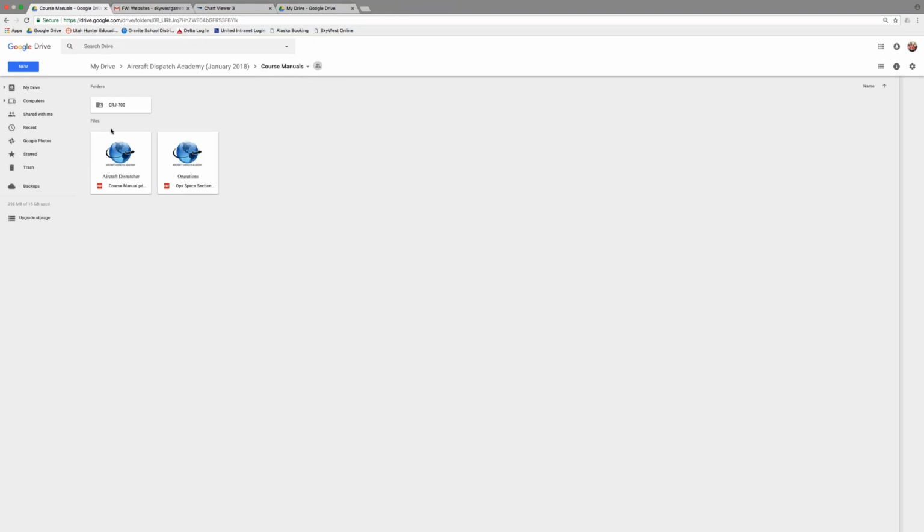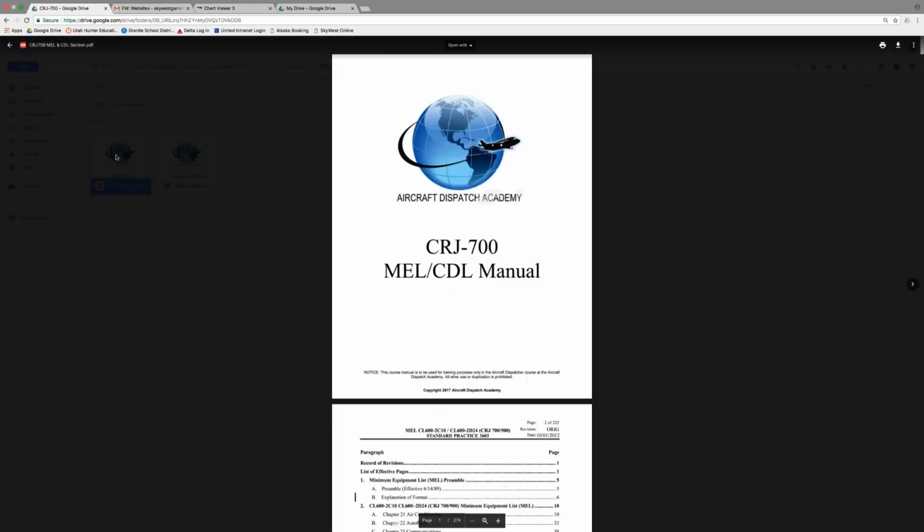So you're in course manuals, right? Yes. So I would click aircraft dispatch course manuals, and this one right here, right? CRJ 700, MEL, and CDL. This file. Yeah, that's what I clicked on, and it pulled up that screen right there.